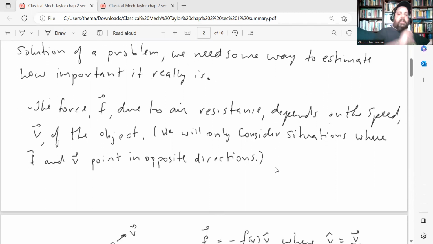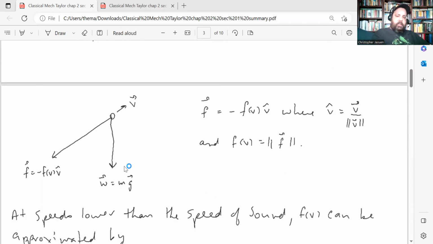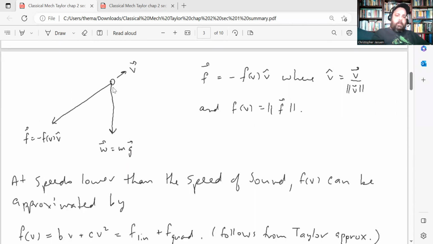So the force F due to air resistance depends on the speed V of the object. And he says here we'll only consider situations where F and V point in opposite directions. There are more complicated situations where that's not true, but in this section, that's what we're going to focus on. So just to see the picture here, the object is the little circle that I have here.